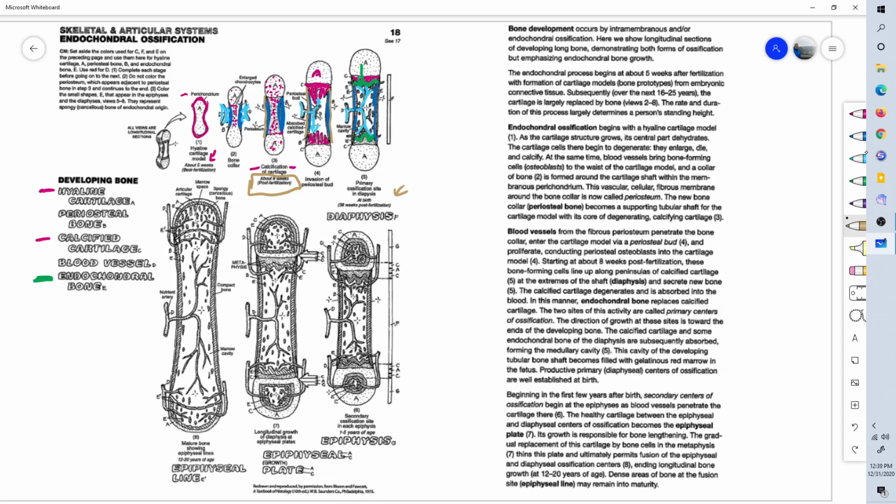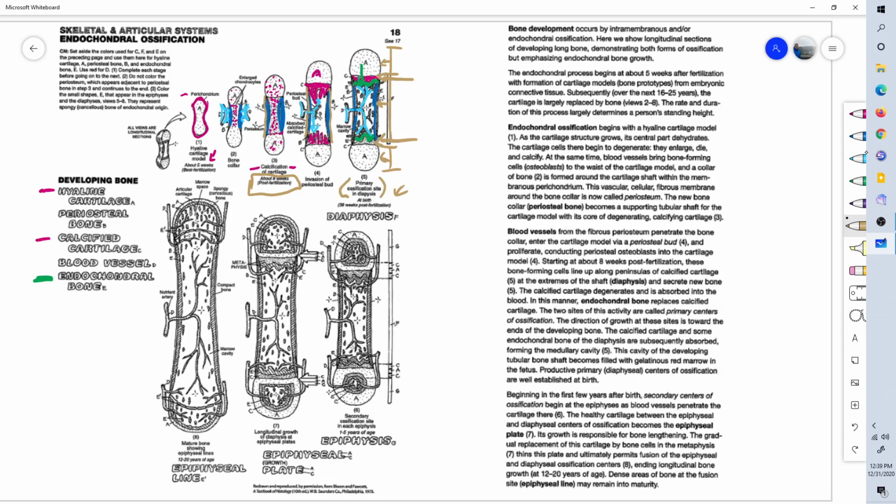Now, a review of terms. Of course, you know that this area here in the middle is called the diaphysis, and this area is called the epiphysis. On the end of your bones is called the epiphysis, and the middle long shaft is called the diaphysis. Now, these areas of bone growth right in between the diaphysis and the epiphysis are called the primary ossification centers.